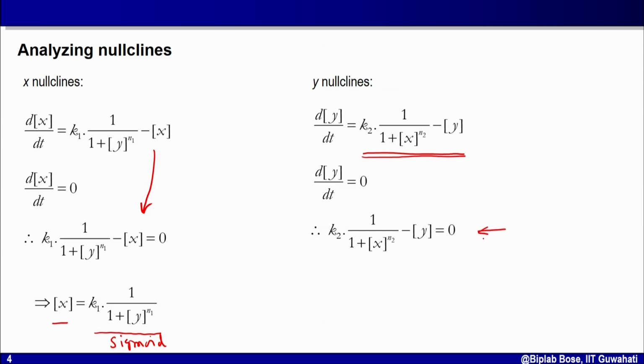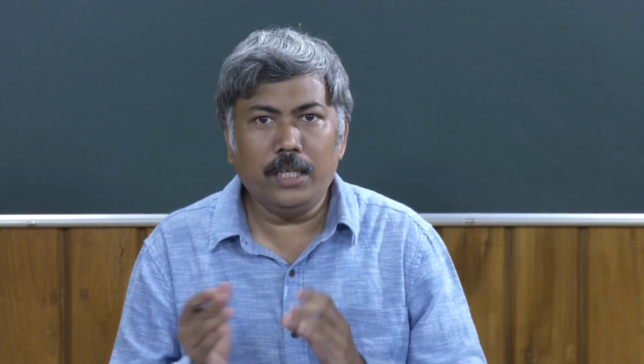Again I will separate out x and y on both sides of the equal to sign. So I get y equal to k2 into 1 by 1 plus x to the power n2. Again this one is a sigmoid function. So now I have two equations, x equal to something and y equal to something. These are the x nullcline and y nullcline.